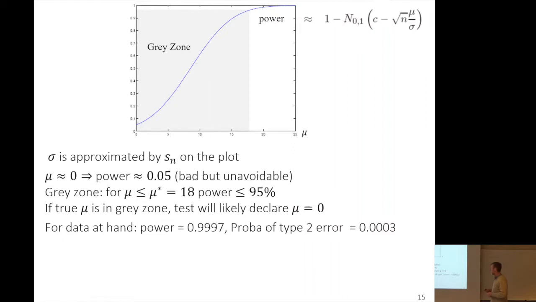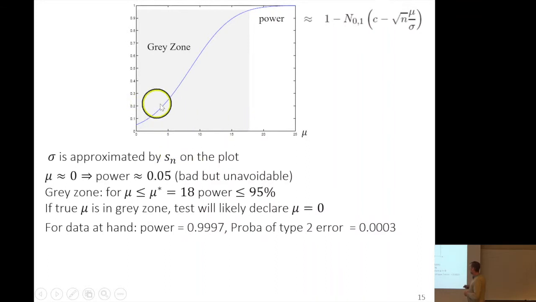Right. Now, what is going to happen if the true mu is below? Well, if mu is 5, for example, the probability of deciding that mu is non-zero will be very small. So we're more likely to decide that mu is equal to 0. In fact, we're more likely to decide that when the power is less than 0.5, which is around 9 here.